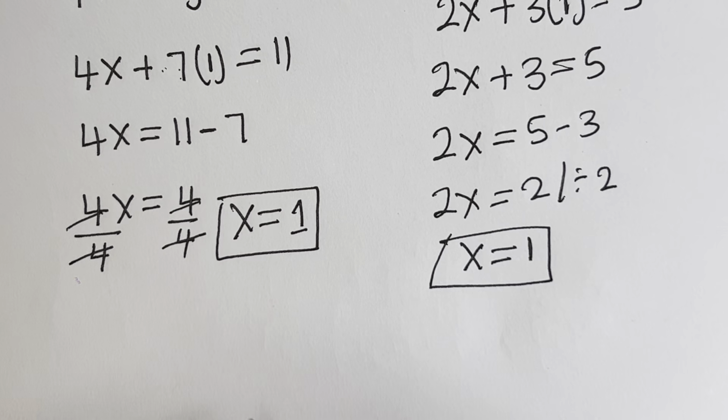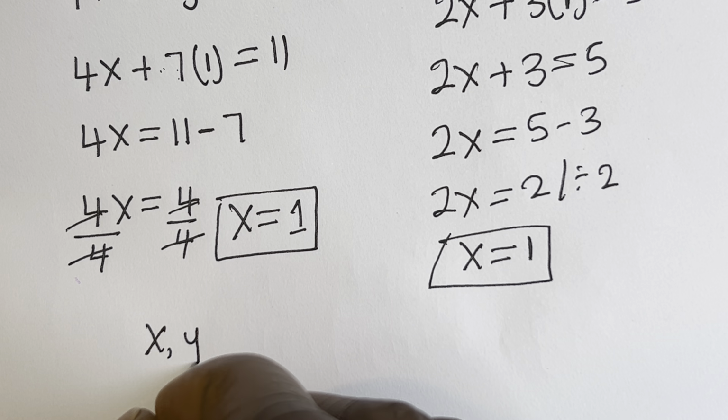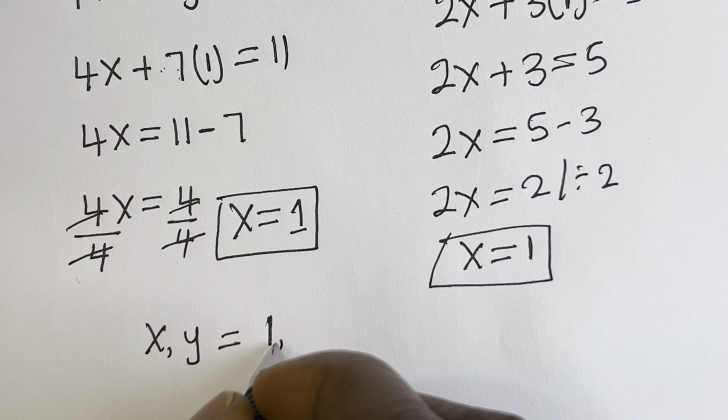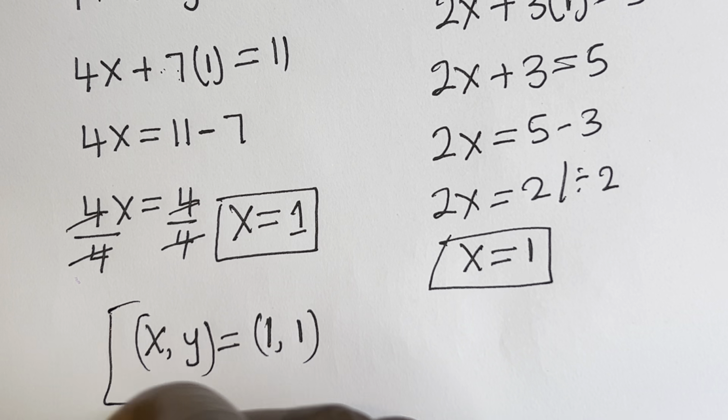Therefore, our final answer is x comma y is equal to 1 comma 1. This is the final answer.